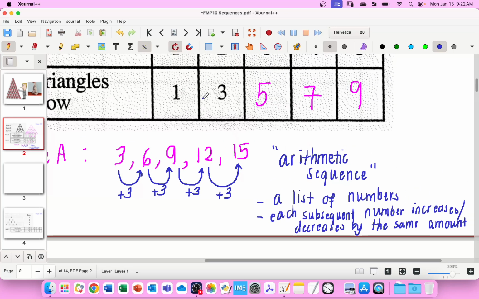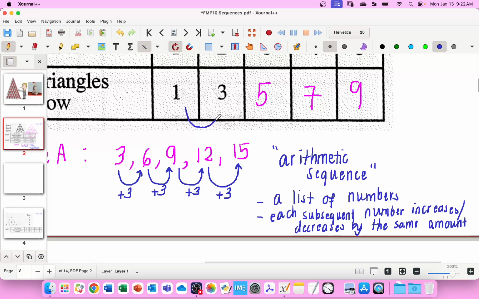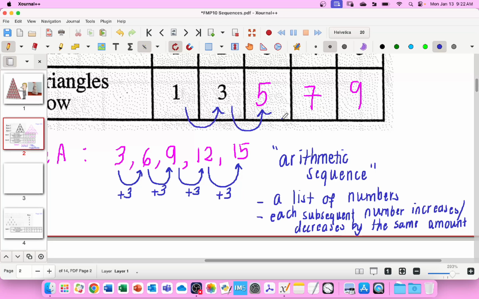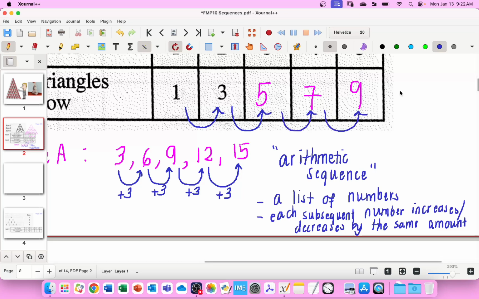We can see here this arithmetic sequence, it is increasing by 2.